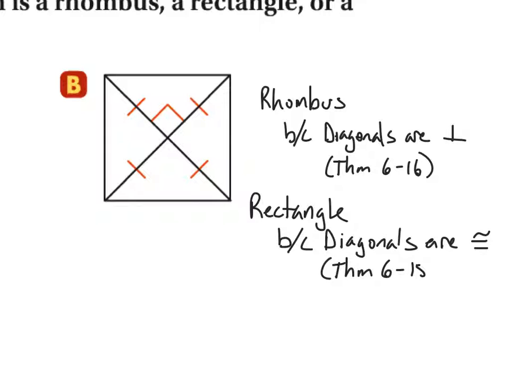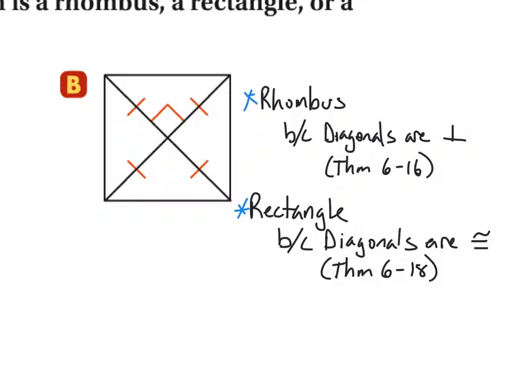I believe so. Yeah. Excellent. Okay, so we know it's a rectangle. So wait a minute. How can it be both a rhombus and a rectangle? So it's a what? Square. It's a square. You were right to begin with. We just got to explain why.